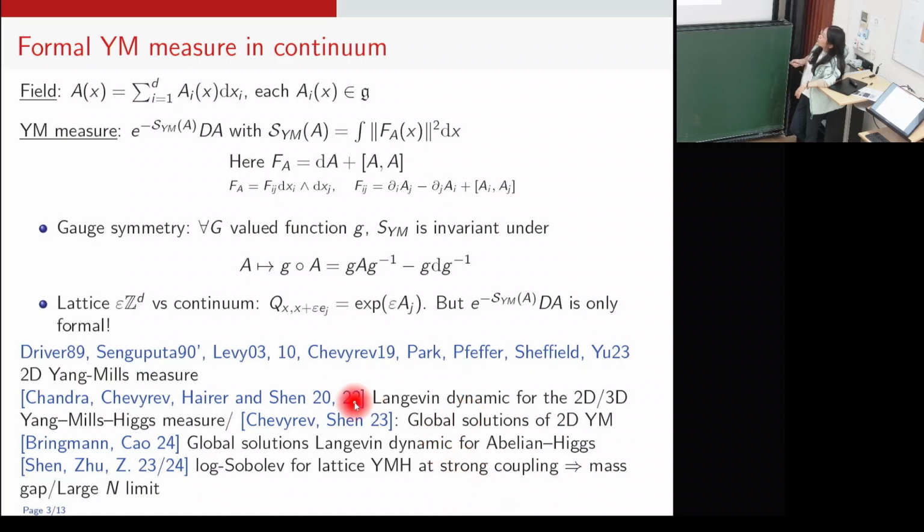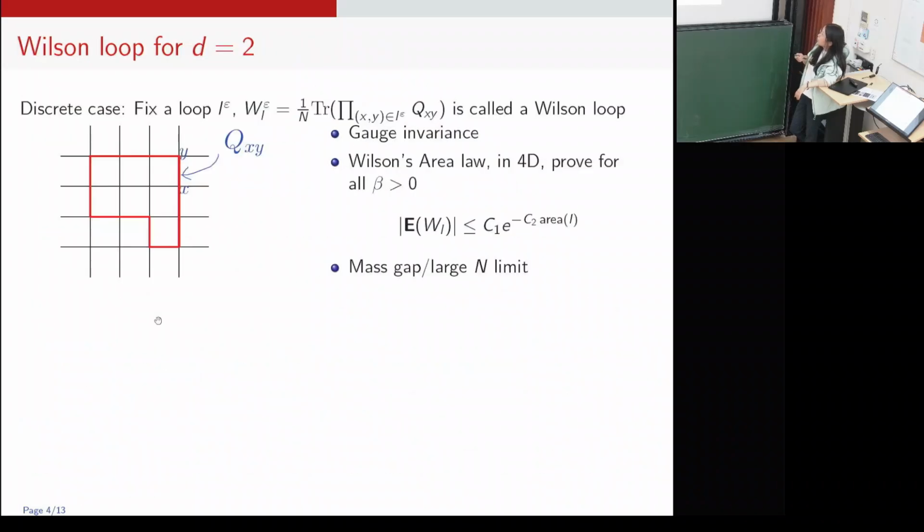I want to talk more on the Wilson loop for the two-dimensional case, and the techniques are based on Driver's formula. So first we recall what the Wilson loop is for the two-dimensional case. For the discrete case, we fix a loop, here we consider this loop L. The Wilson loop is the product of the Q component along this loop.